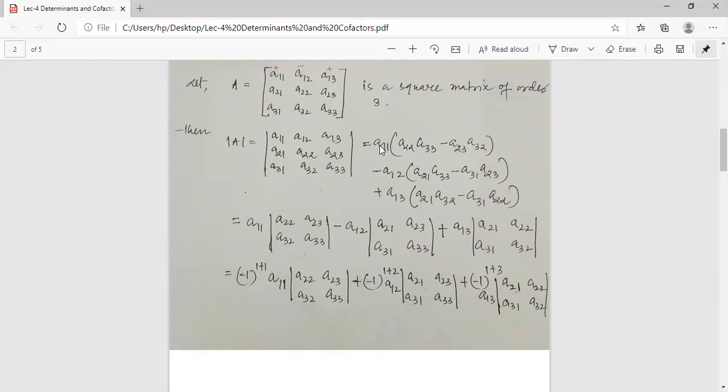A11 and then exclude the corresponding row and column of A11, and then take the determinant of the square matrix of order 2. If we exclude the corresponding row and column of A11, we get this submatrix A22, A23, A32, A33.